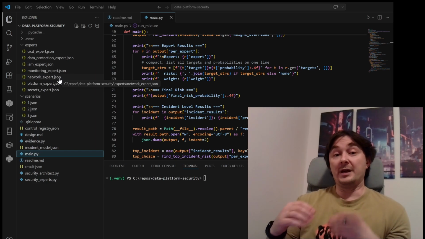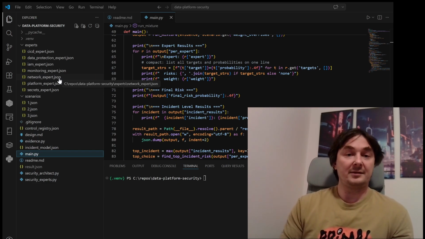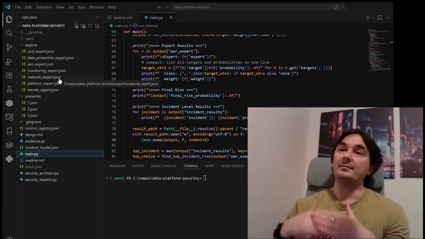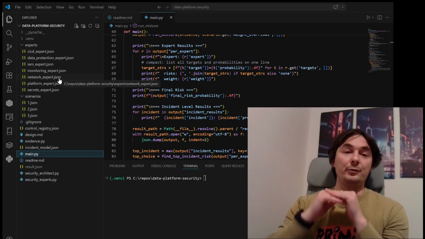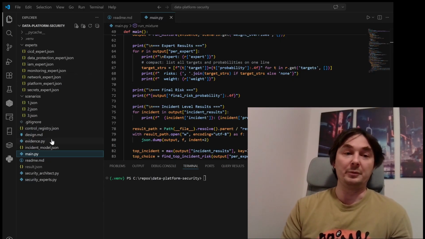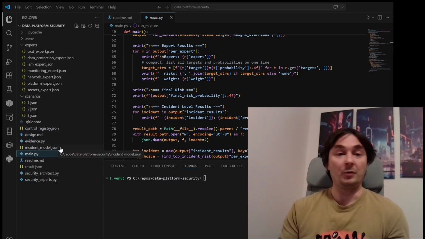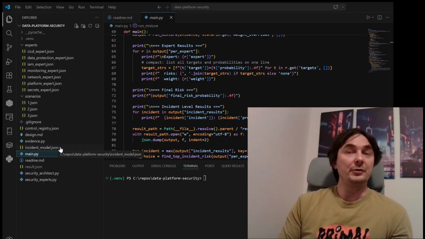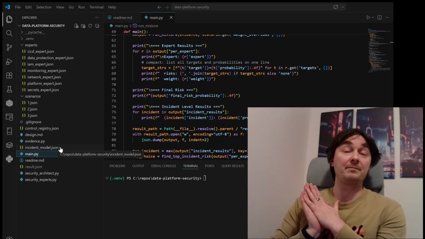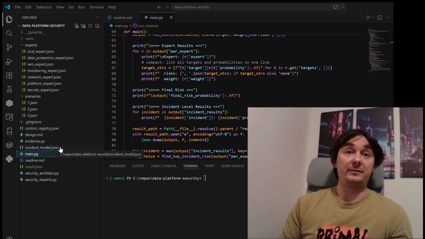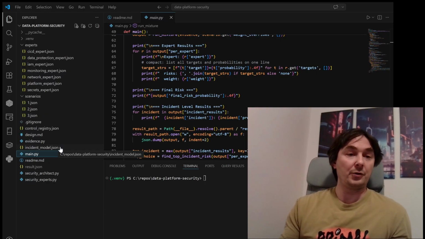From that first layer it will infer certain risks, and based on those risks it will build a second Bayesian network that will be controlled by the incident model itself. From that network, it will infer and calculate the incidents: what is the probability of a specific incident occurring?